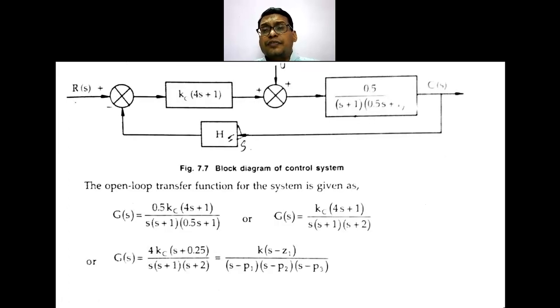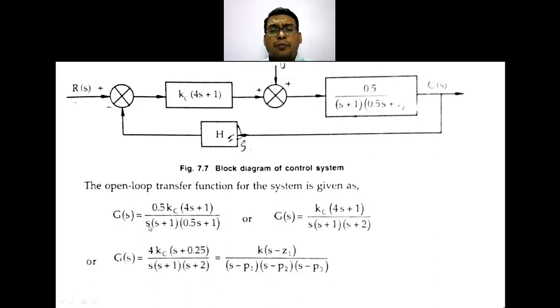Then the next block diagram. The controller has the transfer function of Kc into (4s plus 1). The two interacting systems are 0.5 upon (s plus 1) into (0.5 s plus 1), and H is equal to 1 upon s. So I can write the open loop transfer function like this: the product of all transfer functions in the control loop, with H equal to 1 upon s.